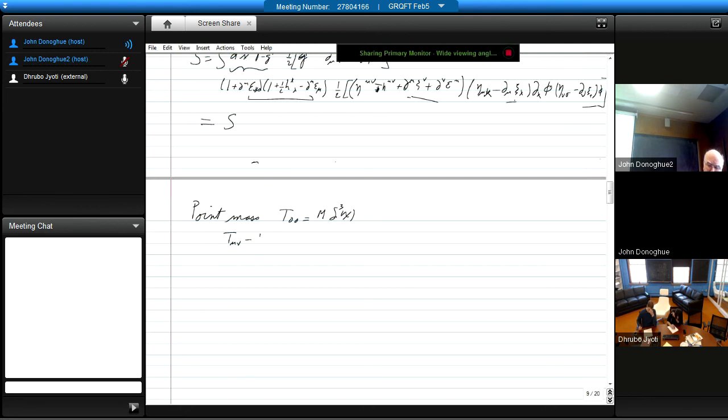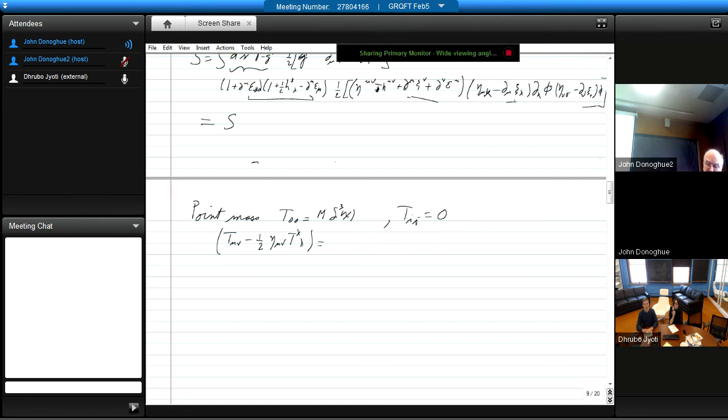T mu nu minus 1/2 eta mu nu T lambda lambda is then, well, Tij is 0.